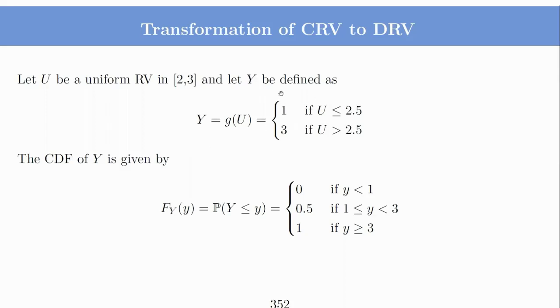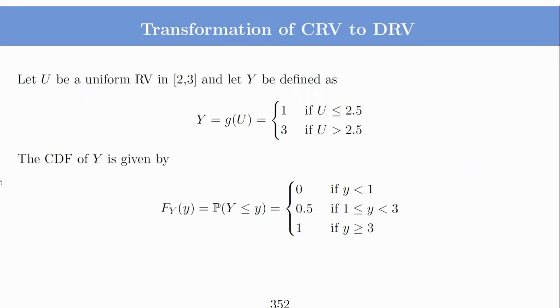And if I want to compute the mass directly, I can say the probability that Y is equal to 1 is the probability that U is less than 2.5, because all the outcomes for which U is less than 2.5, for them Y is equal to 1. So the probability of all omega such that Y(omega) is 1 is equal to the probability of all omega such that U(omega) is less than 2.5. And the probability would be half. So Y will be 1 with probability half, and it will be 3 with probability half.